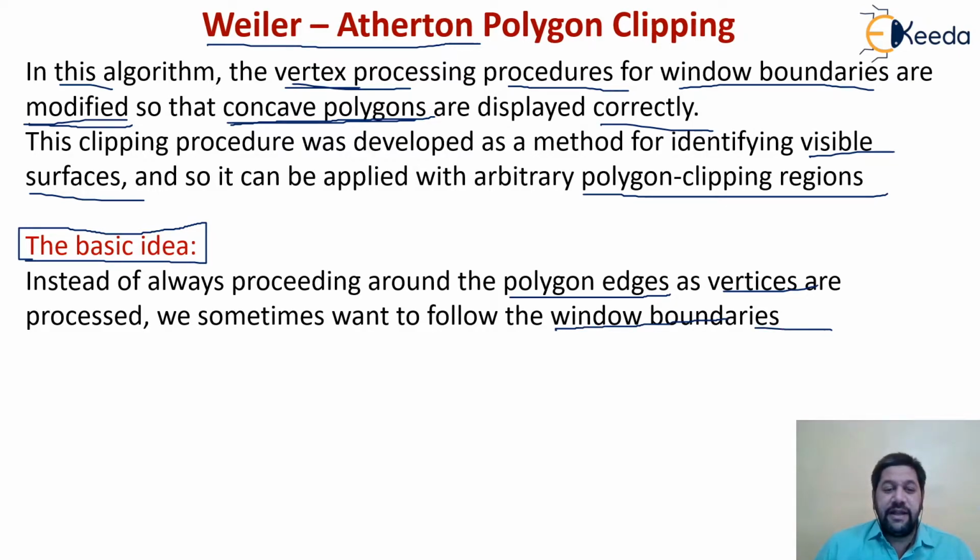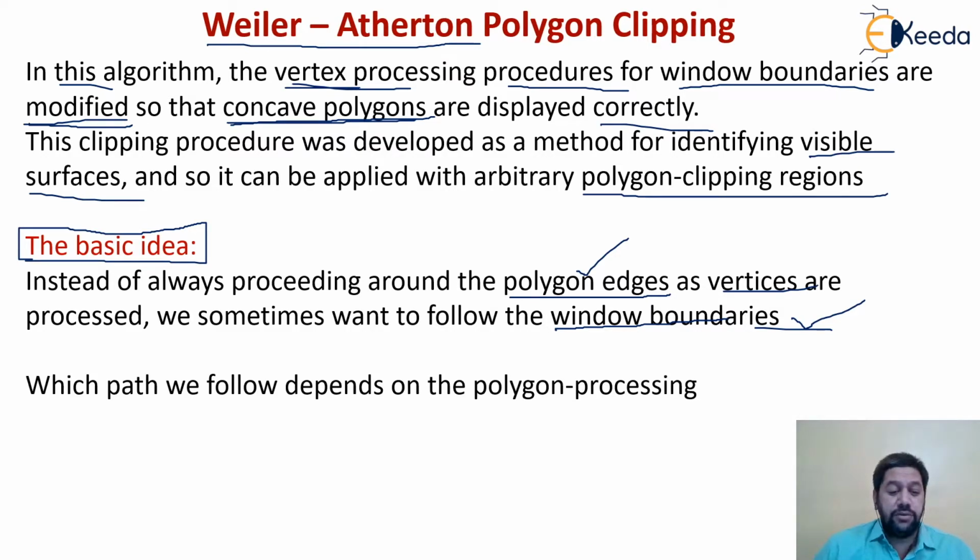This indicates that the Weiler-Atherton algorithm considers not only polygon edges but also the window boundary edges, and the direction of the window boundary against which we clip the polygon. This was the first point.